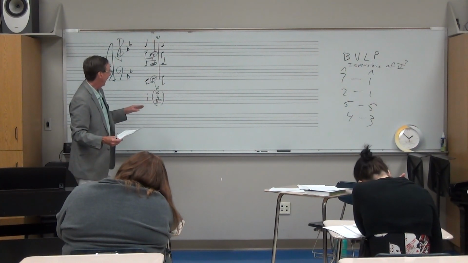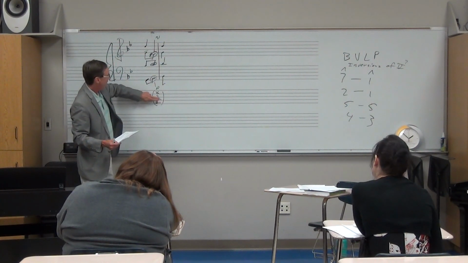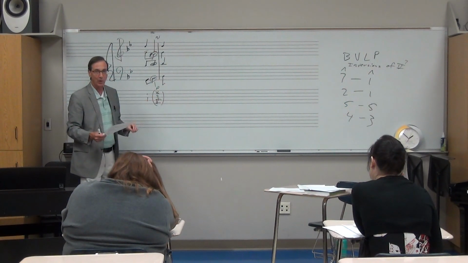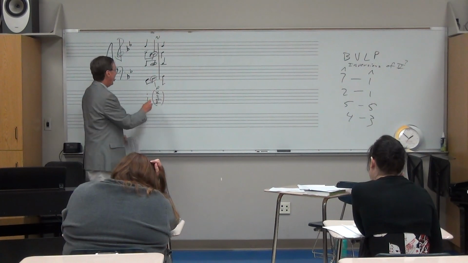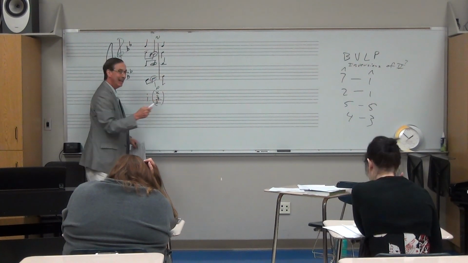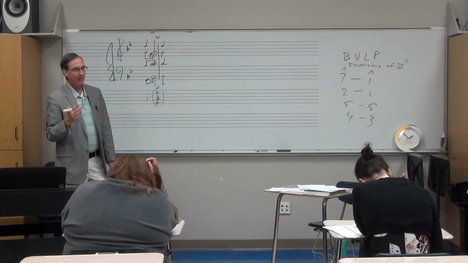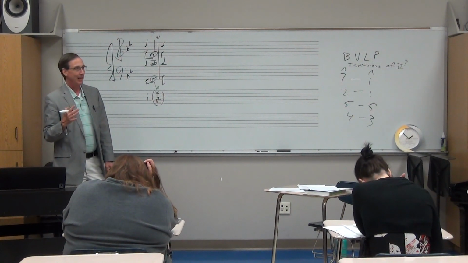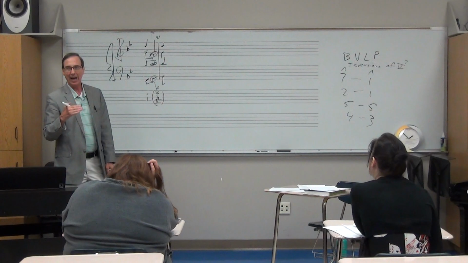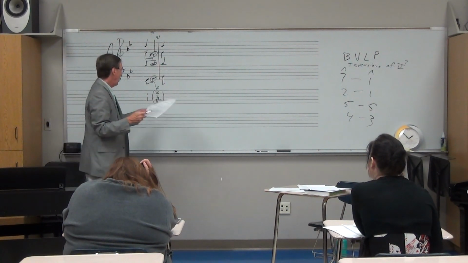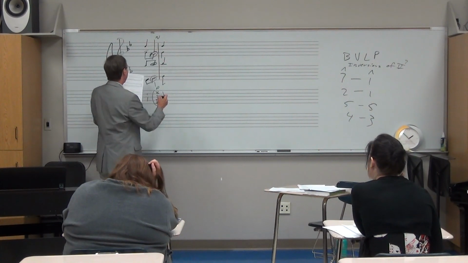Now, what is it related to is the passing 6-4 chord. We all remember the passing 6-4 chord. This is the one exception where the inversion of 5-7, the 4th scale degree, does not resolve down to the 3rd scale degree. We'll go over that more at a later time.